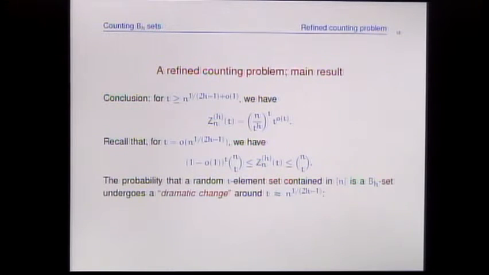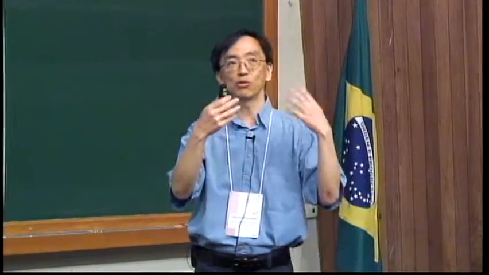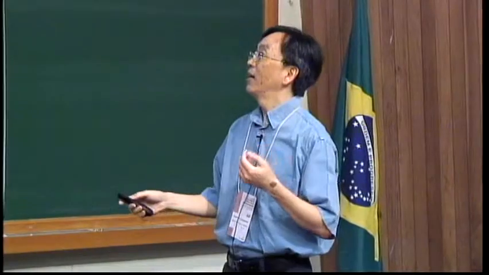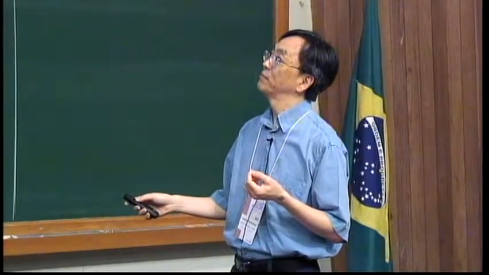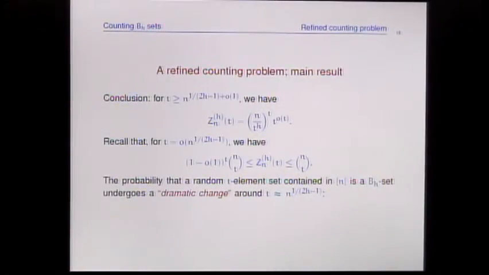So one way of saying this is that, now take brackets n, and you want to select a random T set. You want to know what T sets look like. So take a random one. Then the probability that this random guy that you picked is a BH set has a dramatic change at around this n to the 1 over 2h minus 1.